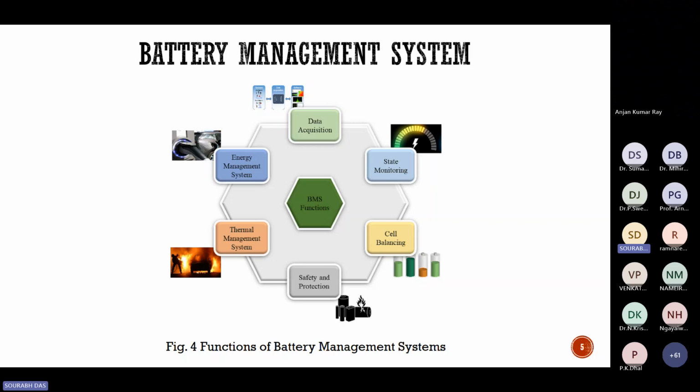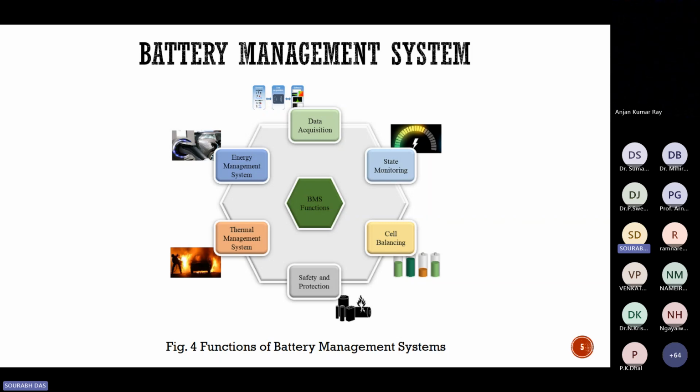And then cell balancing. In a large battery pack composed of multiple cells, there may be variation in the battery voltage and capacity, because at manufacturing time there may be slight differences. That's why there may be changes in voltage and capacity also.